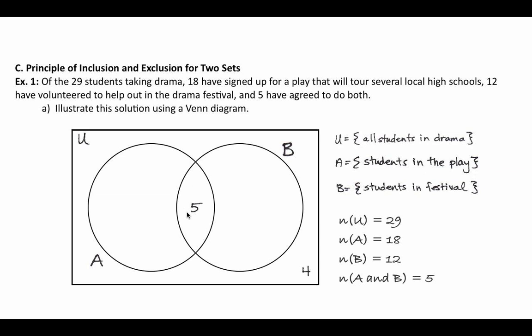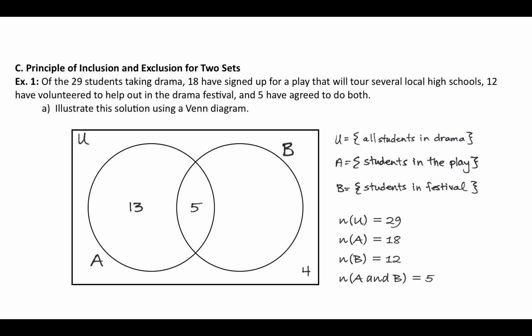But there are only 18 students overall, so you don't want 18 more students standing on the other side. You want there to be 18 students in that hula hoop altogether. And so you're going to take 18 minus 5, and that's the remainder of the students that make up all the kids that are in the play.